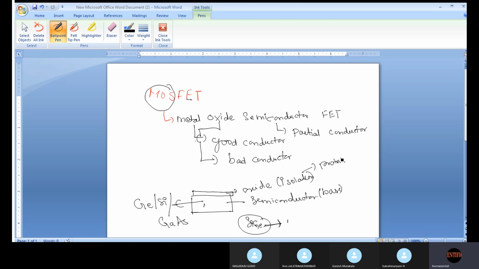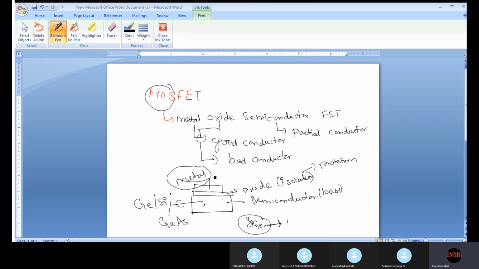Isolation and protection. Next, apart from the oxide layer, there is a metal layer. The metal layer is used for interconnections. If you are connecting many transistors, let us suppose 10 transistors are on the semiconductor, and you want to give the connections internally, you will be using the metal layer for interconnection purpose.